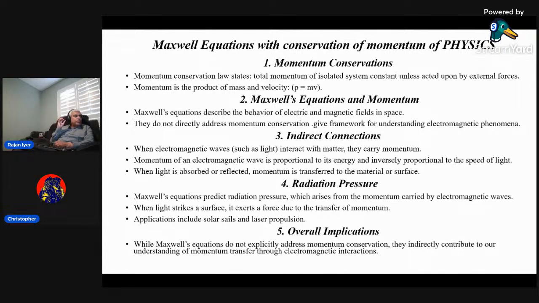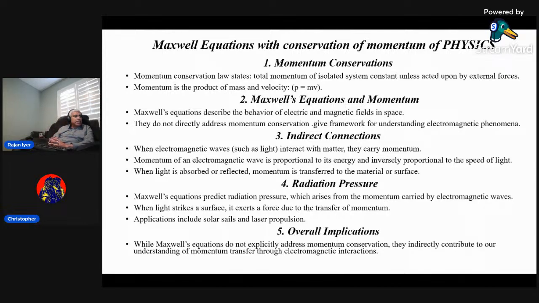So the momentum of electromagnetic waves is proportional to the energy that it has, and inversely proportional to the speed of light. So when light is absorbed or reflected, momentum is transferred from the wave to the material on the surface, especially. So these are studied in greater detail.